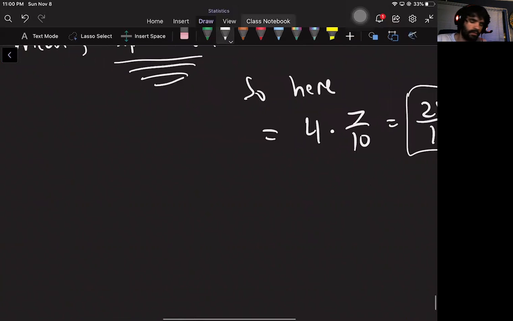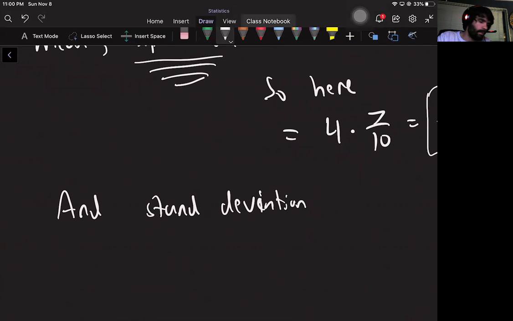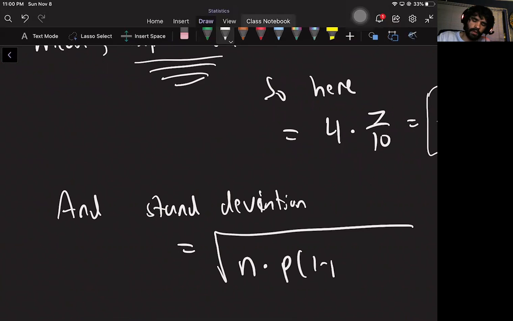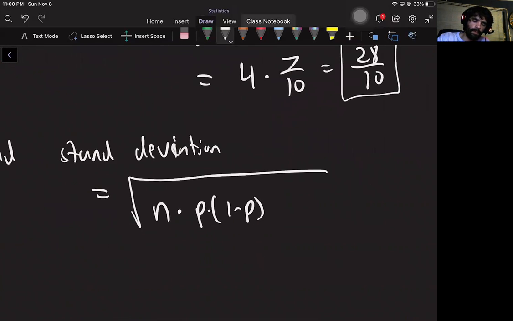But it's very long. Okay, and the standard deviation was the other type of thing we calculated. It also has a nice formula. It's just the square root of n times p times 1 minus p, aka the square root of the number of trials, times the probability of success, times 1 minus p.